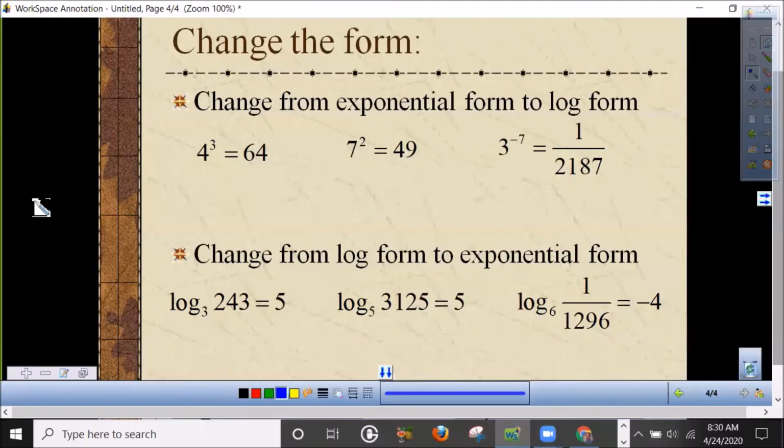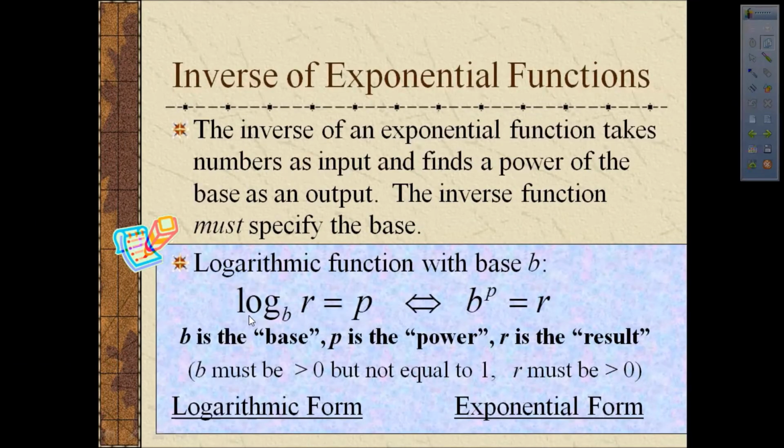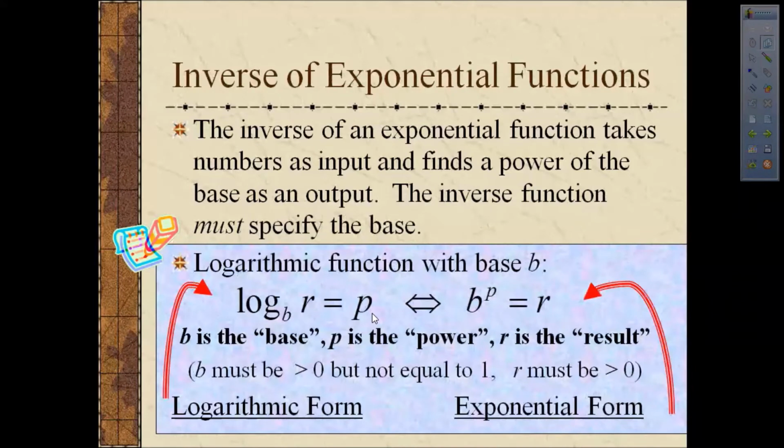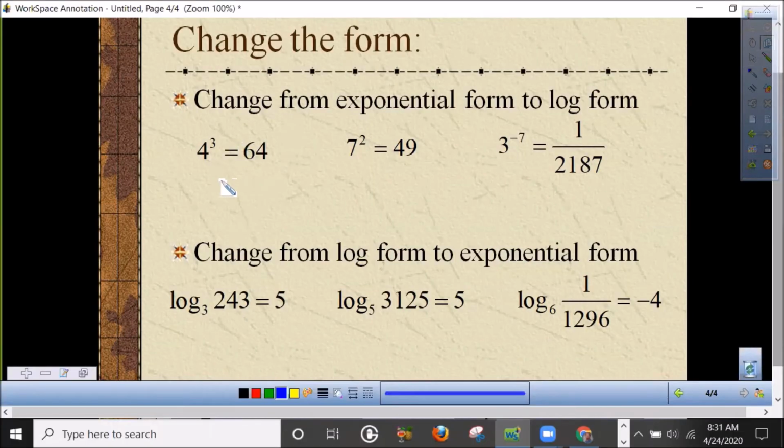One of the first basic skills that you need to have when you're dealing with log functions and exponential functions is rewriting these functions from one form to another. So recall that we have the log form of an expression and we have the exponential form of an expression. These both represent a relationship between three numbers: the base, the power, and the result. So if we look at these three exponential expressions, we could also write them in a log form.